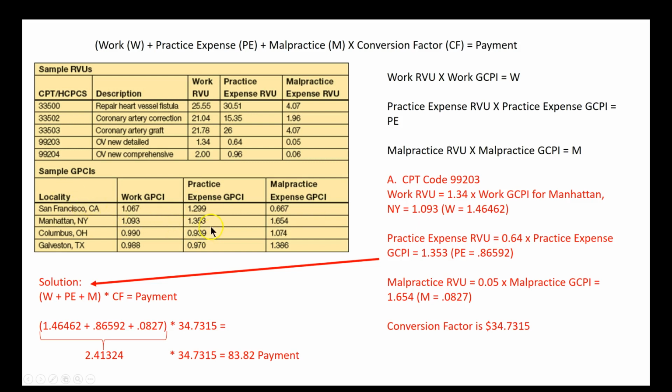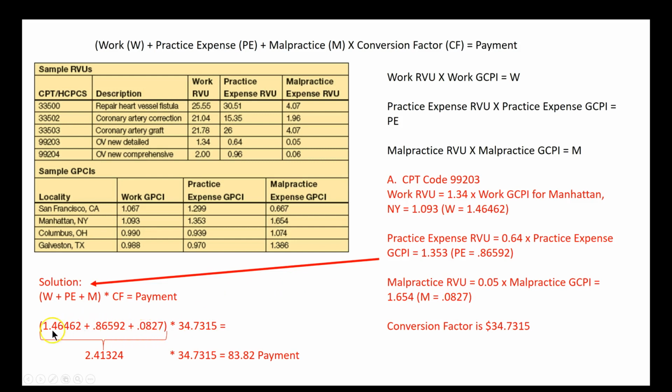The geographic adjustment for the practice expense is 1.353. We multiply and you get 0.86592. That's plugged in for the practice expense. Finally, the malpractice, 0.05 times the geographic index, 1.654, gives you 0.0827. You plug that amount in.